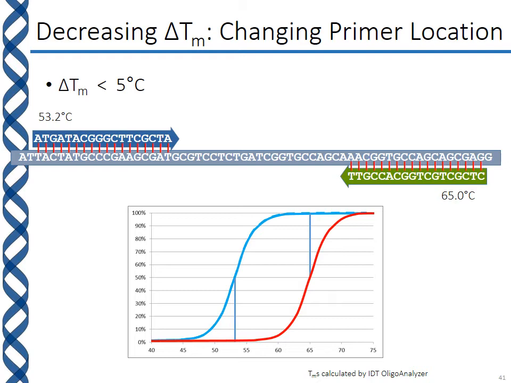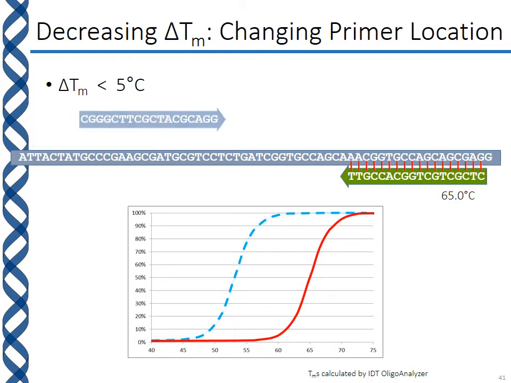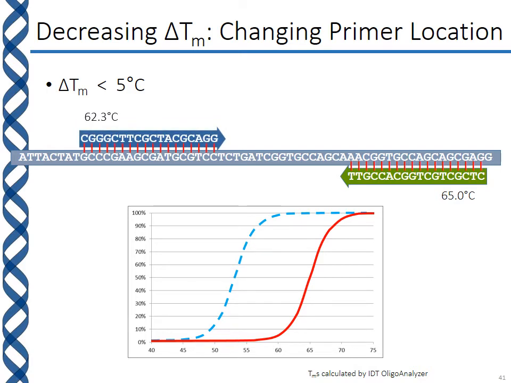So instead of having the forward primer bind where we have it now, let's try putting it a little bit closer. So we move it up just a couple base pairs, and here this primer has a TM of 62.3 degrees, so that's a delta TM of 2.7.